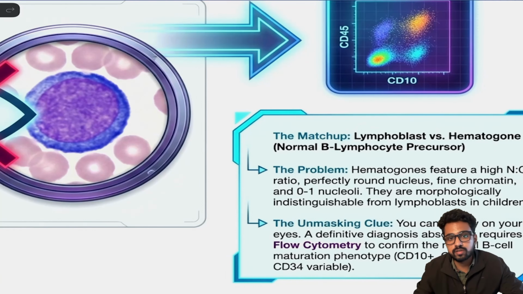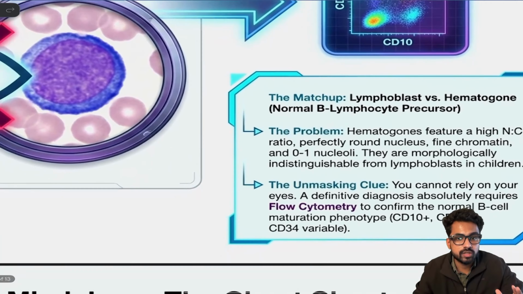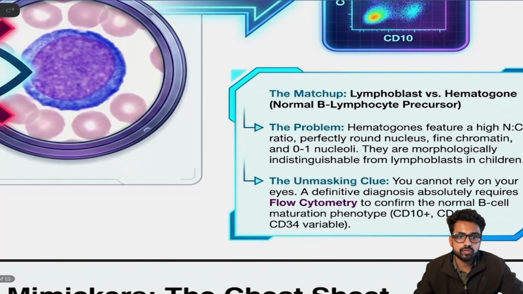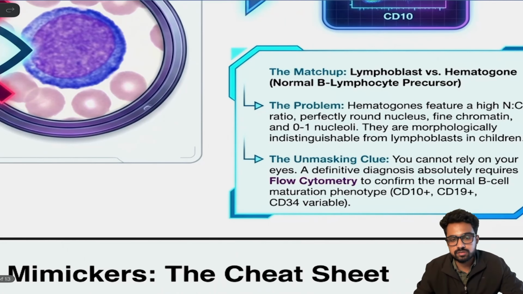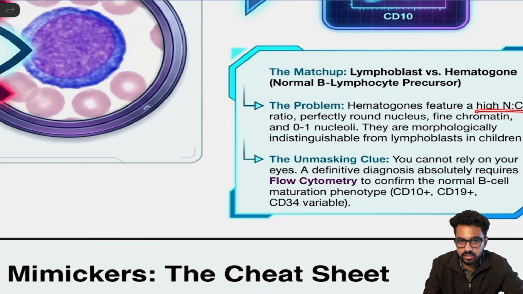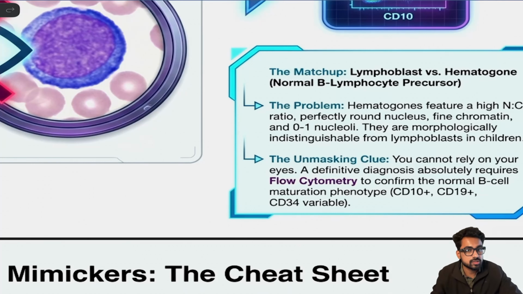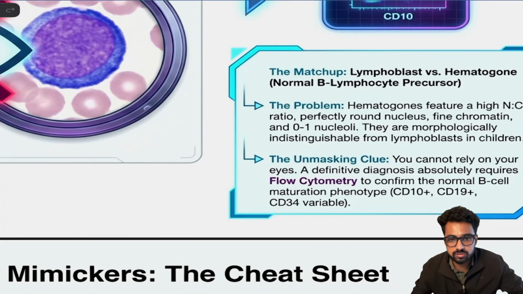So it is very difficult to identify hematogones from lymphoblasts on morphology alone, so you would need flow cytometry for this. Why are hematogones confusing? Because these cells have a high NC ratio like blasts, a perfectly round nucleus, fine chromatin, and prominent nucleoli. These are also features of blasts, so that's why these most closely mimic the lymphoblast.